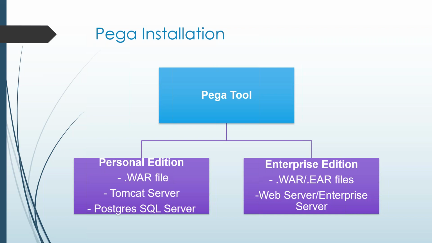I could use any application server for this, like Apache Tomcat, JBoss, or Oracle, IBM. Any sort of application server can be used. And for the DB server, you have either Postgres or IBM DB2, Oracle. Any sort of DB server can be used.